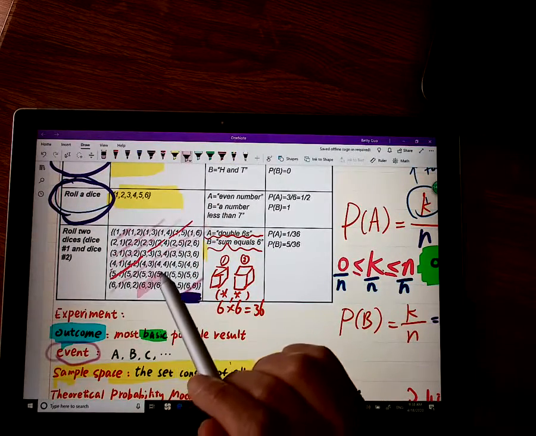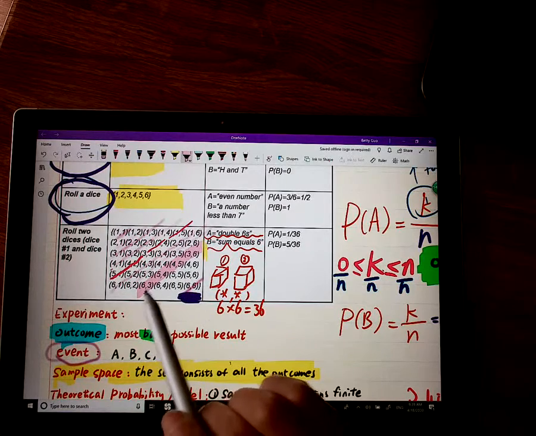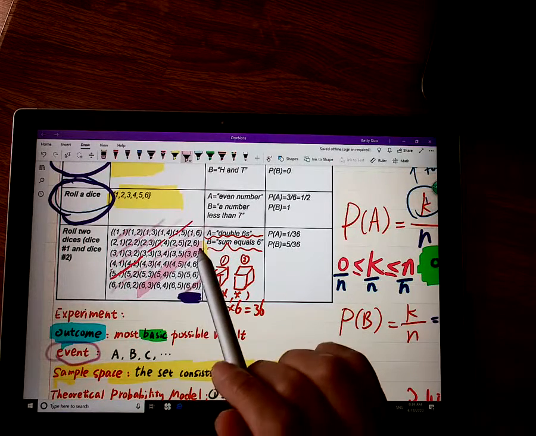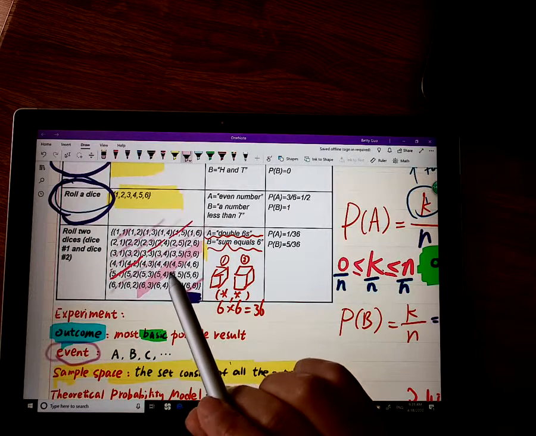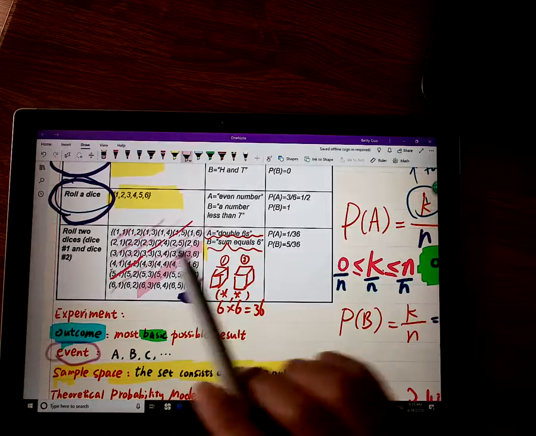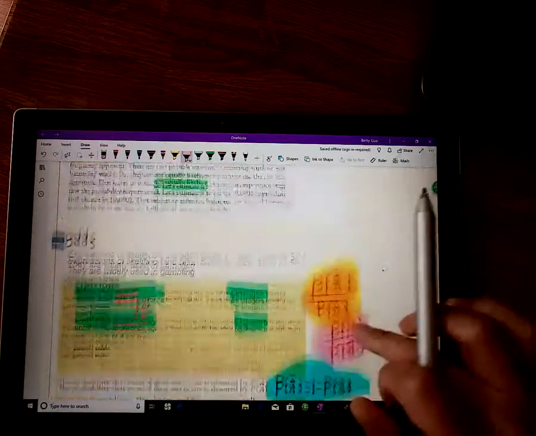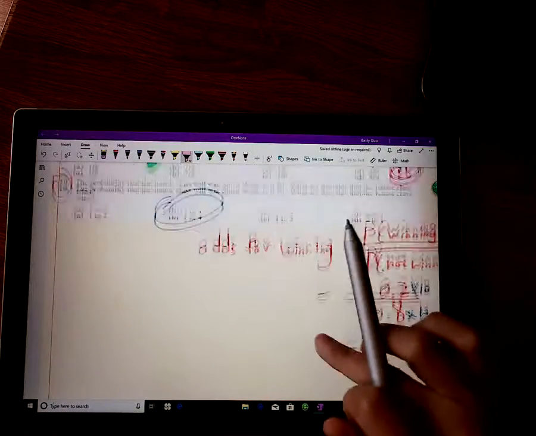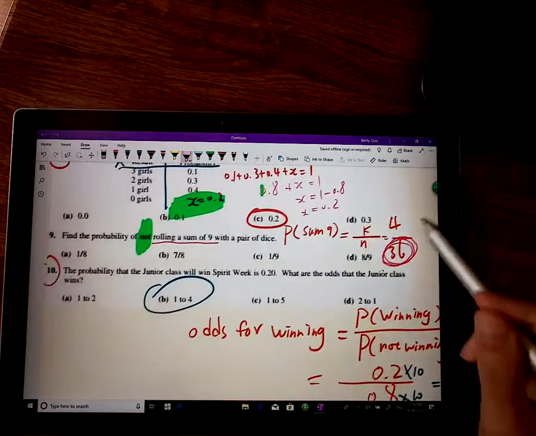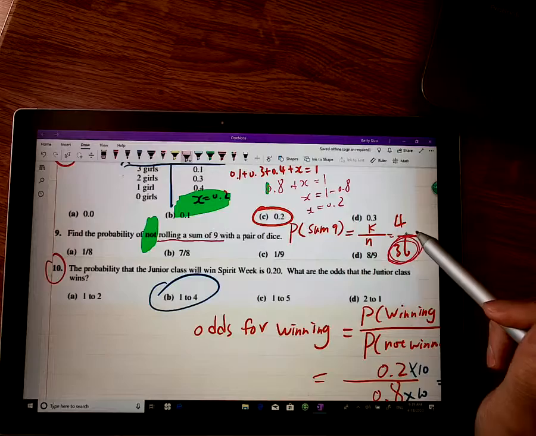That would be here: 63, 54, 45, 36. So we have 4 outcomes that favor getting a 9. So the numerator is going to be 4, denominator is 36. So that is 4 over 36, or 1 over 9, right?